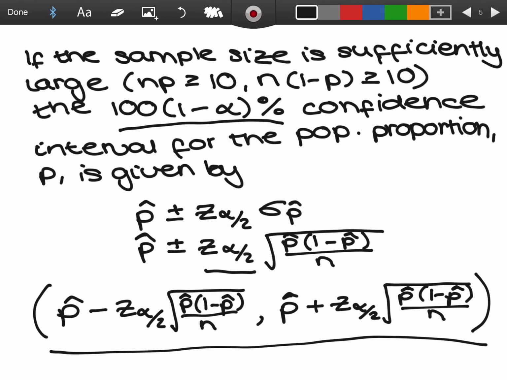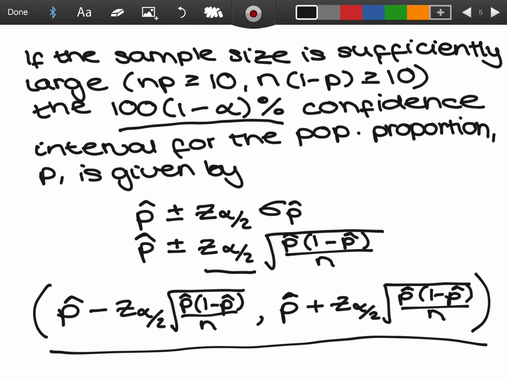If you go down, on my calculator it's option A. So you've gone to stat, gone to tests, and you scroll down. Option A on mine is 1 proportion z interval. So you want option A, 1 proportion z interval.